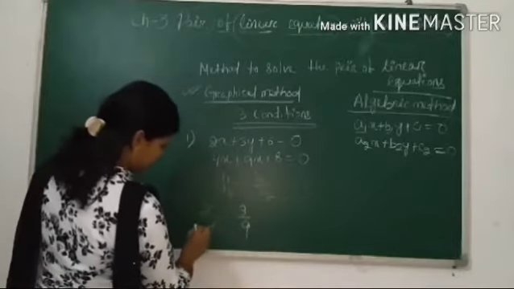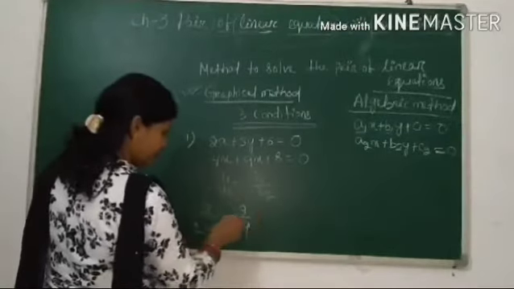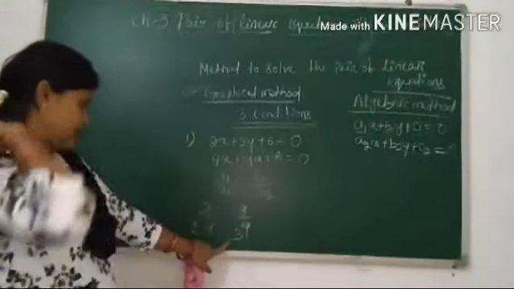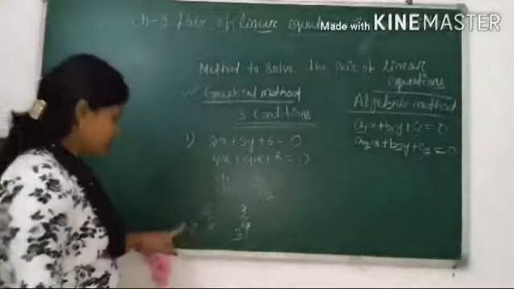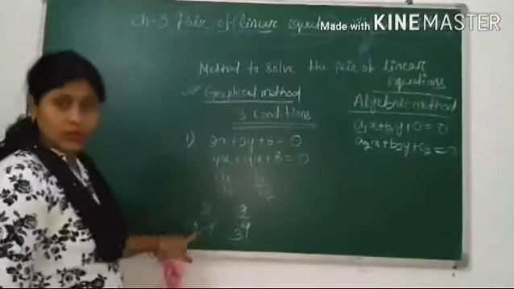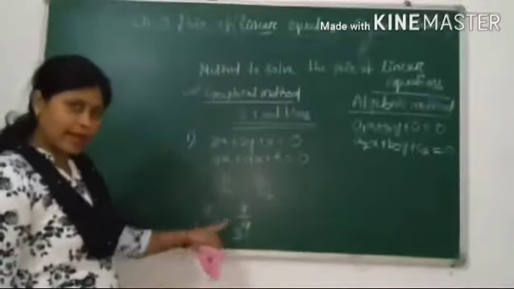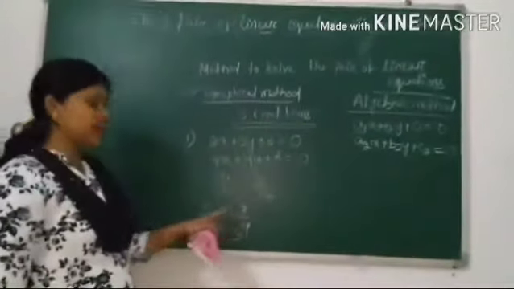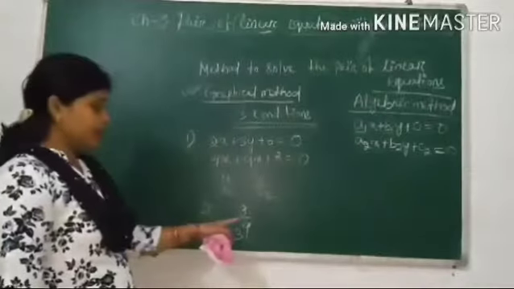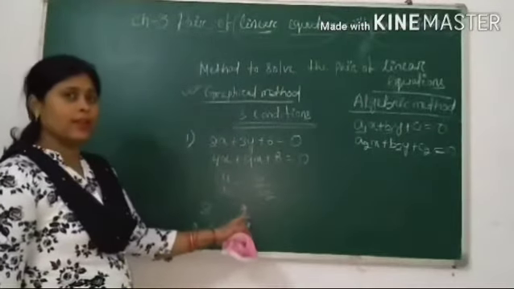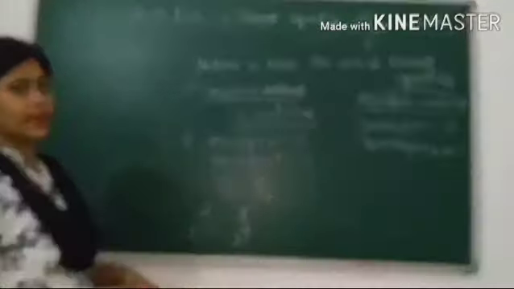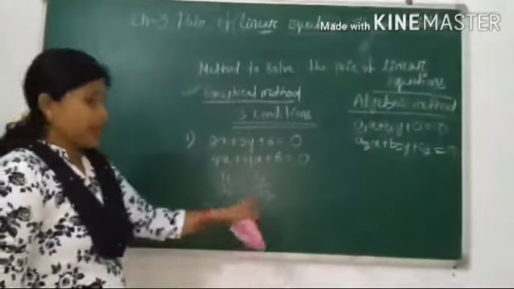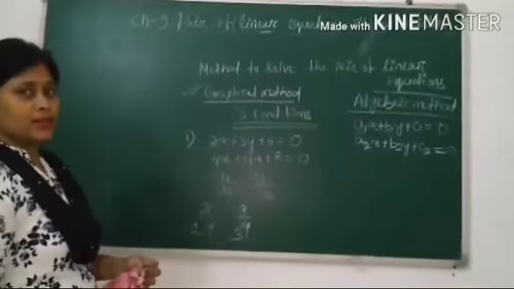If I cut, here I get 1 by 2, here 1 by 3. Are they equal? No. If you get equal values, then only you go to the third case, that is, compare c1 and c2.